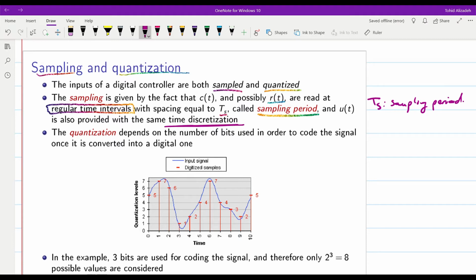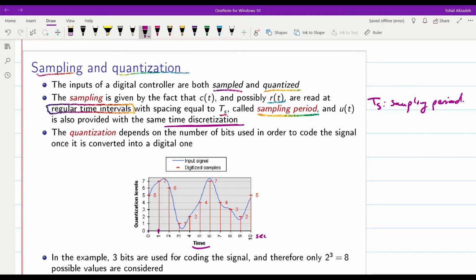So the sampling time will be used at the input side and also at the output side when we want to convert the output of the controller into the analog signal. So basically, sampling means how often you want to take a sample from the analog signal. In the example which is shown here, the sampling time is equal to 1 second.